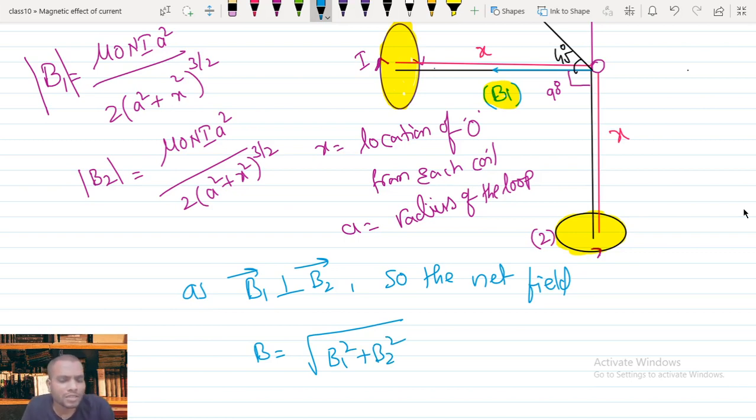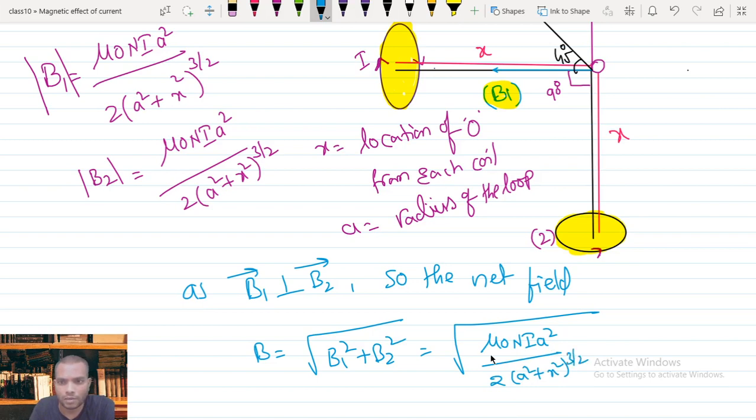Here we use the triangle law of vector addition. Applying the magnitudes we already have, B equals the square root of mu naught n I a square upon 2 times (a square plus x square) whole power 3 by 2 plus mu naught n I a square upon 2 times (a square plus x square) whole power 3 by 2.